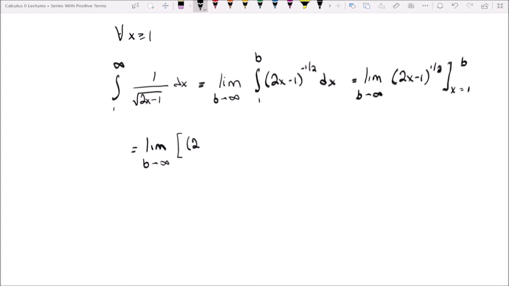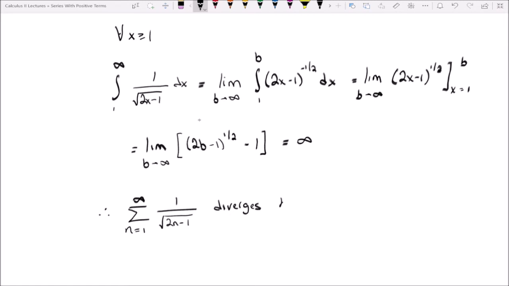We get 2b minus 1 to the 1/2. Then minus 1 to the 1/2, which is just 1. Well, that first term is infinite. So this limit is infinity. The integral diverges. So what we conclude is that this series must also diverge by the integral test.